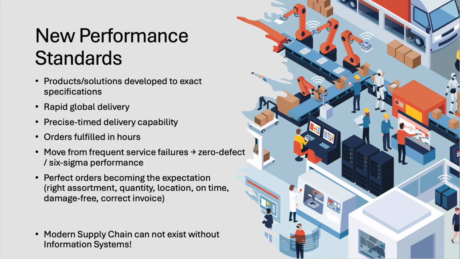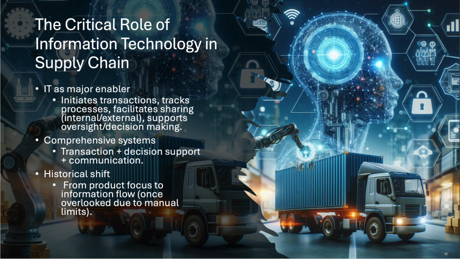Now that we have established why modern supply chains depend on information systems, let us look more directly at the critical role of information technology in supply chain operations. Information technology is a major enabler of supply chain management. It initiates transactions.